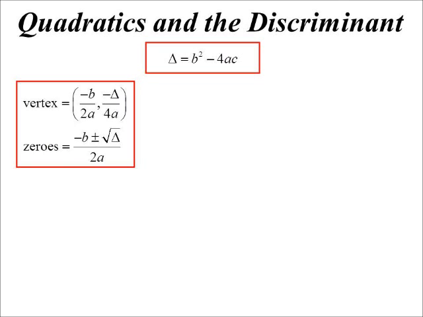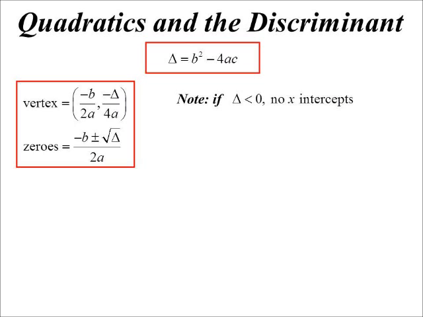Our zeros then, well, it's our quadratic formula, but instead of writing b squared minus 4ac, I've written delta for the discriminant. Now, it also tells us some other information. Because delta is this bit under the square root sign, and we know we can't find the square root of a negative number, if that turns out to be less than 0, we know there's no x-intercepts.